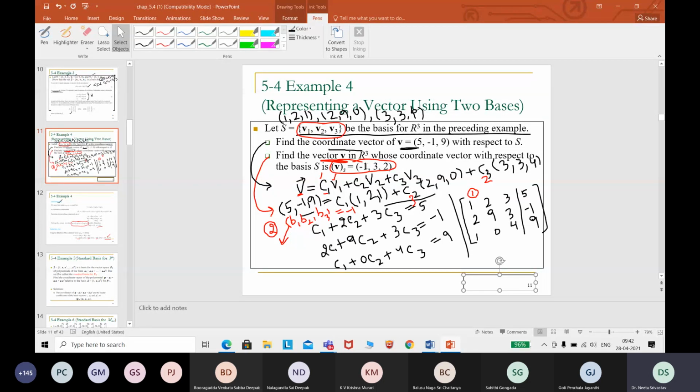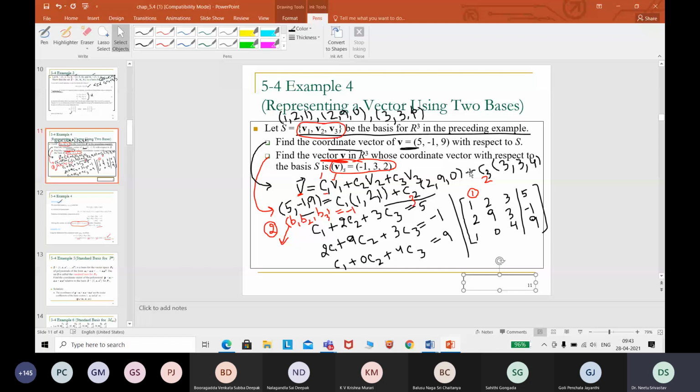These are the coordinates with respect to the basis S, where V1, V2, V3 are the elements in the set S. So we expanded the vector (5, -1, 9) as a linear combination C1 V1 plus C2 V2 plus C3 V3. We substituted V1, V2, V3 and got an equation in terms of unknowns. C1, C2, C3 are known as the coordinates of vector V relative to the basis S, so finding them is the question here.